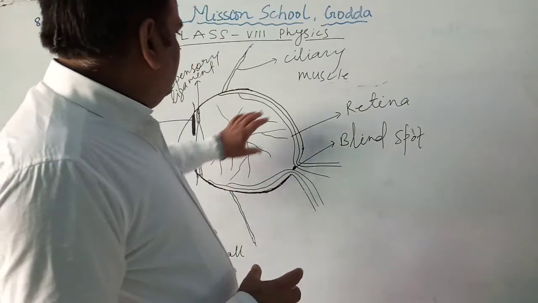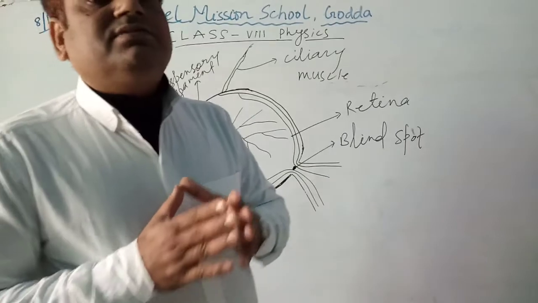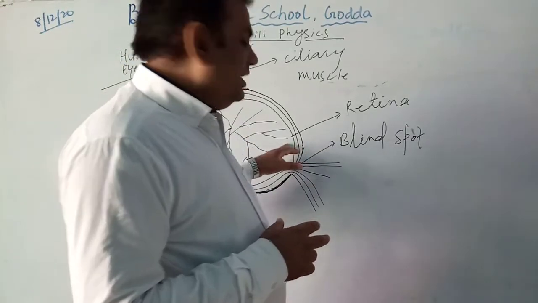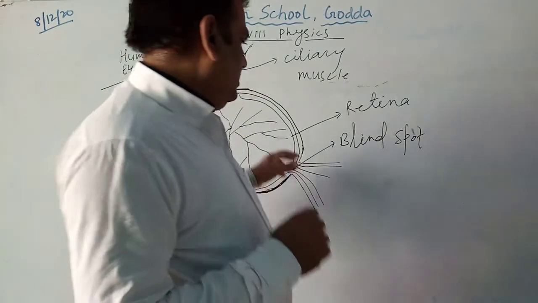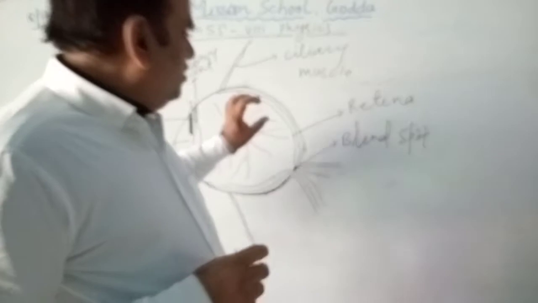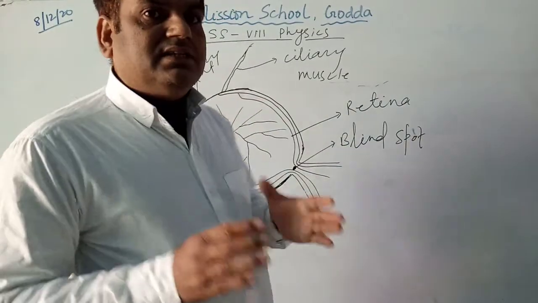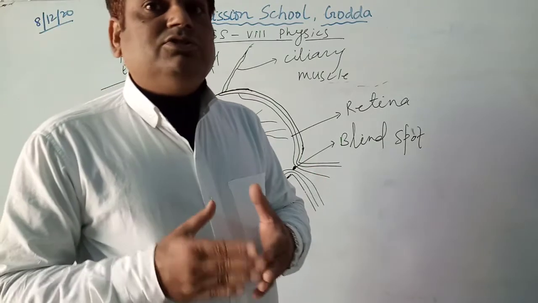And on the retina there are two kinds of cells present. These are known as cone cells and rod cells. Cone cells are sensitive to color.